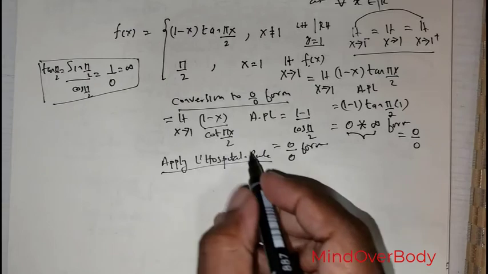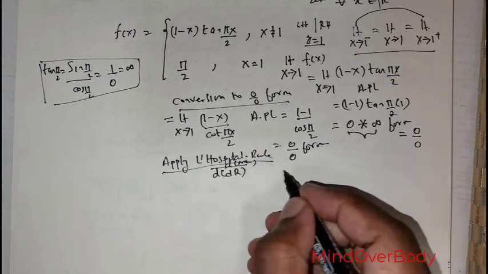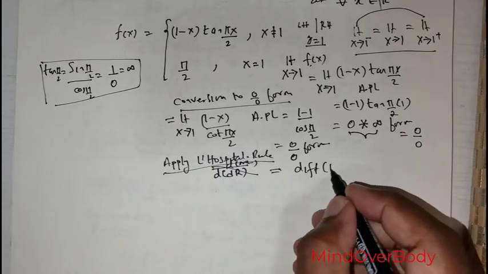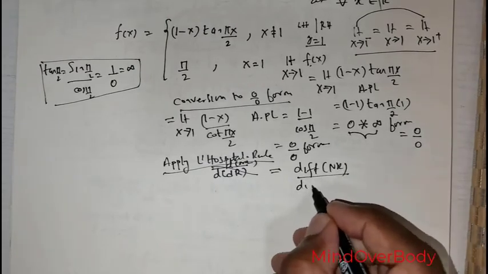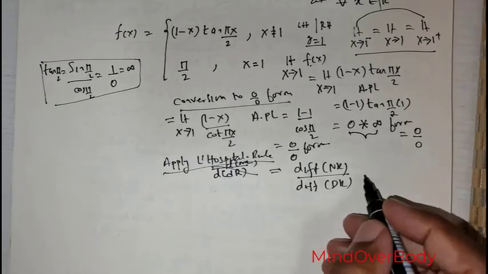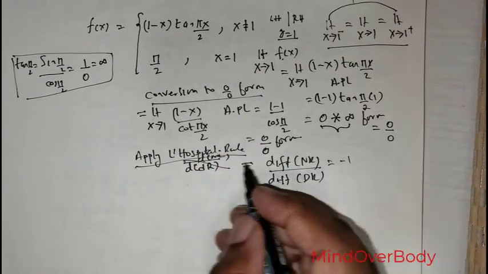Now what is the L'Hopital rule? It's nothing but differentiation of the numerator, so let me write that down: differentiating the numerator divided by differentiating the denominator. So if I were to differentiate this, I would get a negative 1 in the numerator.